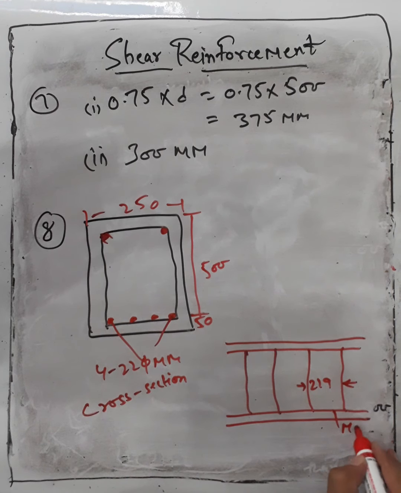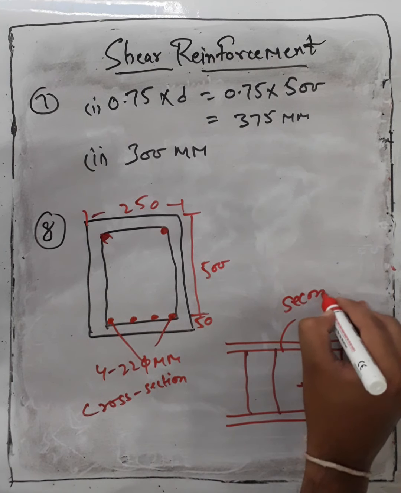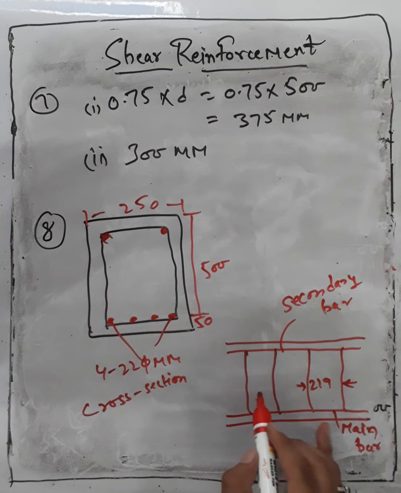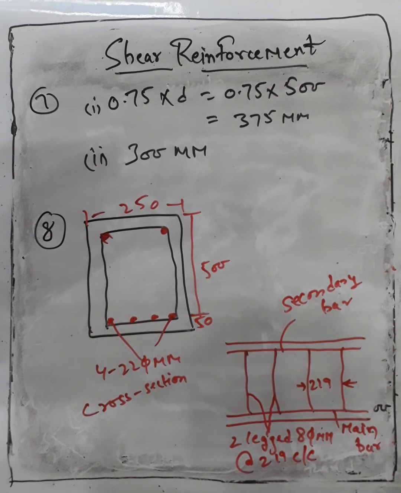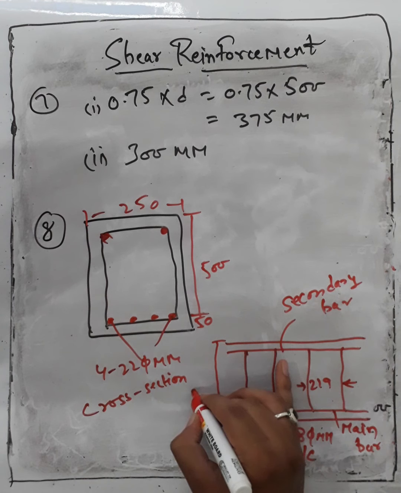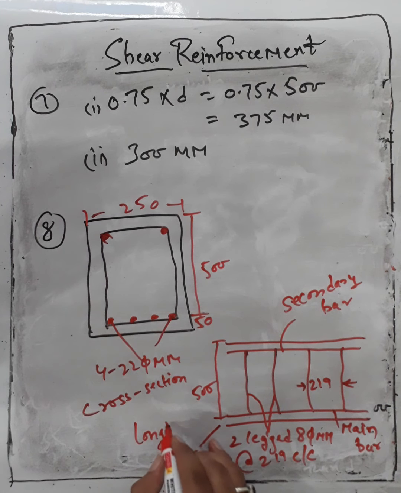This is the main bar, this is the secondary bar, and this we call two-legged 8 mm dia stirrups at 219 center to center spacing, and this one is 500, the effective depth. So this is our longitudinal section.